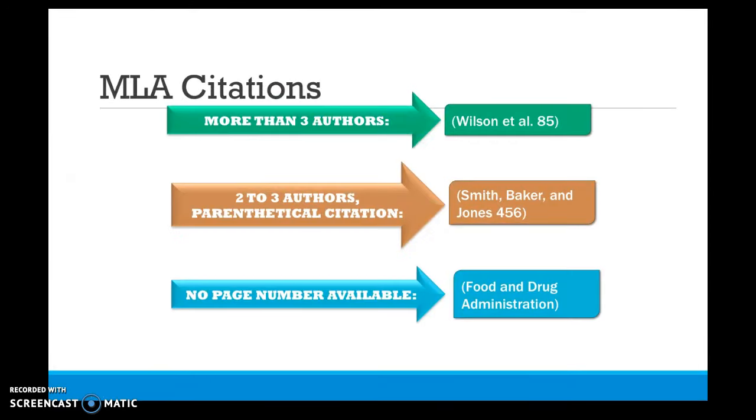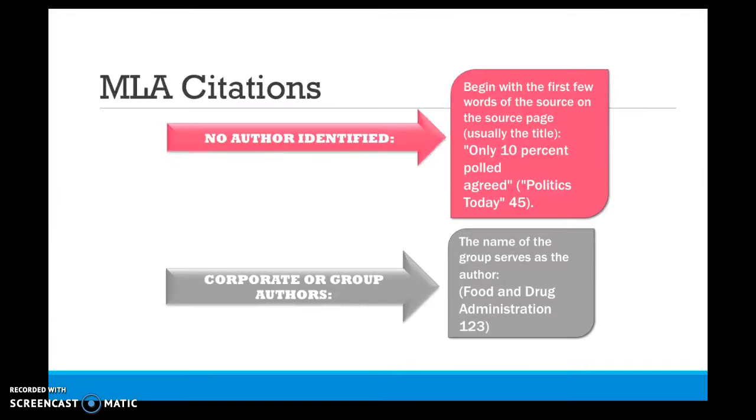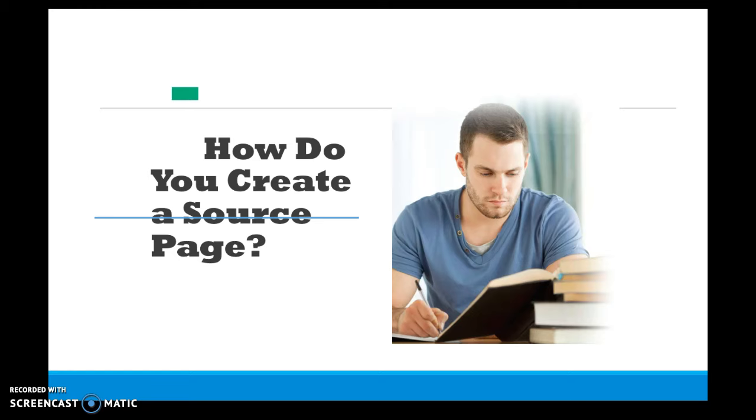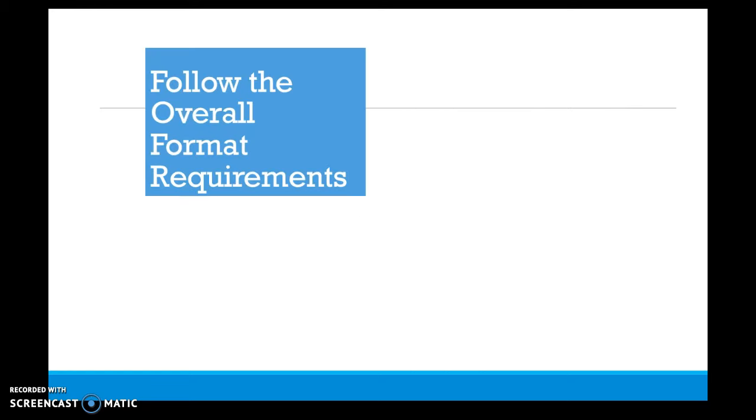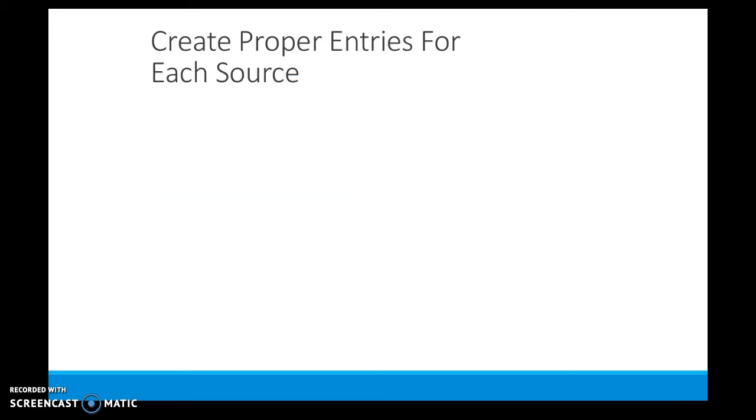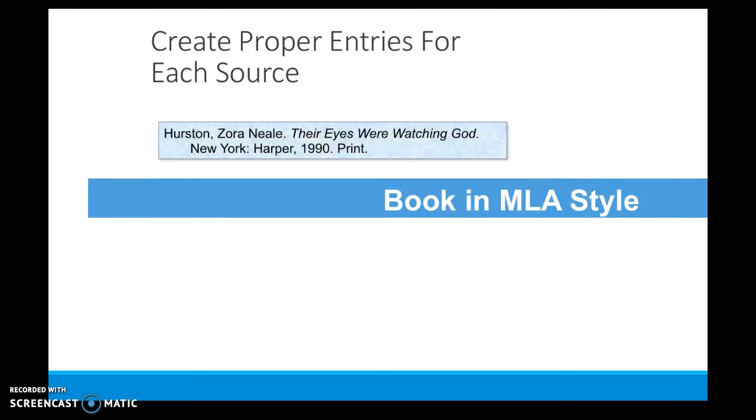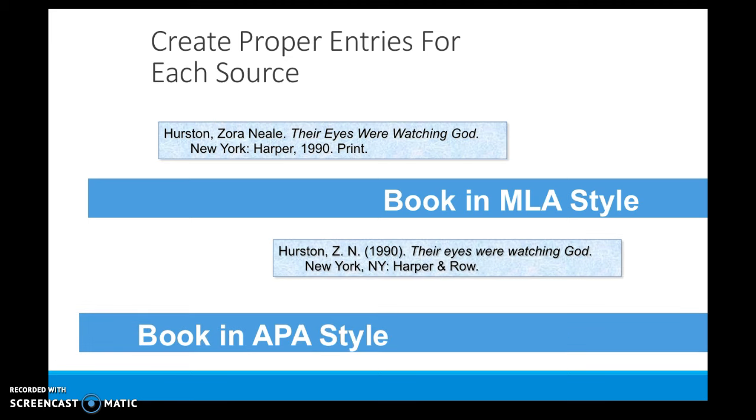Here are different authors. We know page numbers are available. No authors identified. And then finally, once you're done, create your source page. So for MLA it is works cited. You're not using APA, so works cited will be at the top of your page. And then create the proper entries for each source. Again, I'm not going to go through all these, but here are just some examples.